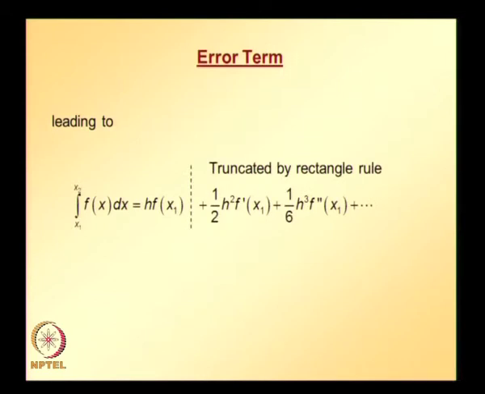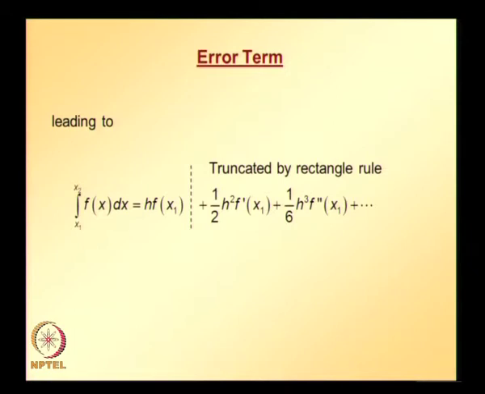And basically, if you recall, for the rectangle rule, to integrate the function between the limits x1 and x2, what we are doing is evaluating the function at the lower limit x1 and multiplying with a weight equal to x2 minus x1, and we are not considering the higher order terms shown in the series there. So all the higher order terms are truncated by the rectangle rule.